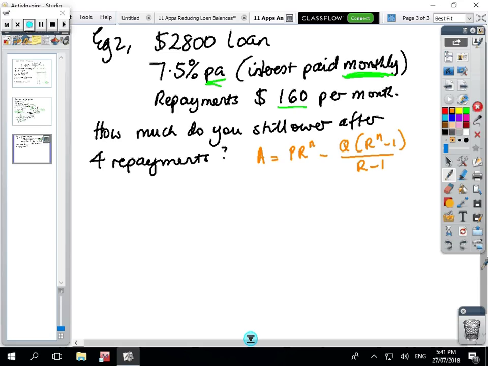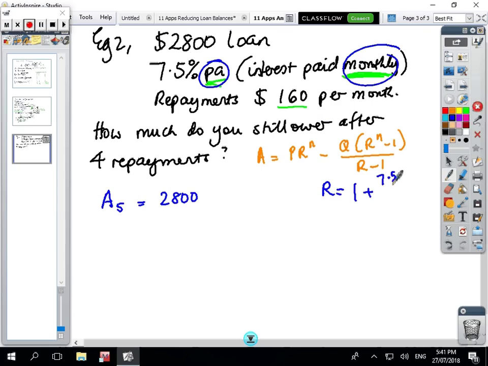Okay, hopefully you're back. The principal is $2,800. Now we're going to work out R. This is quoted per annum, but the repayments are monthly, so it's 1 plus 7.5 over 12 over 100. So we're going to do that calculation first.